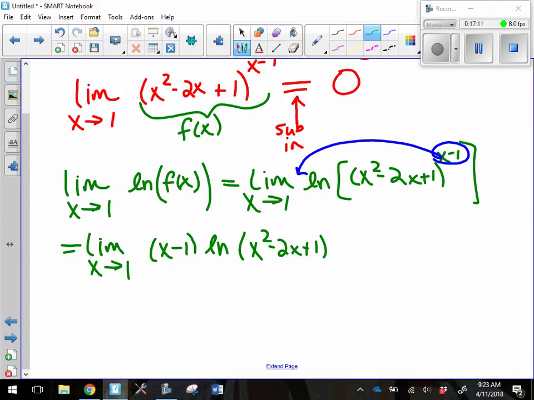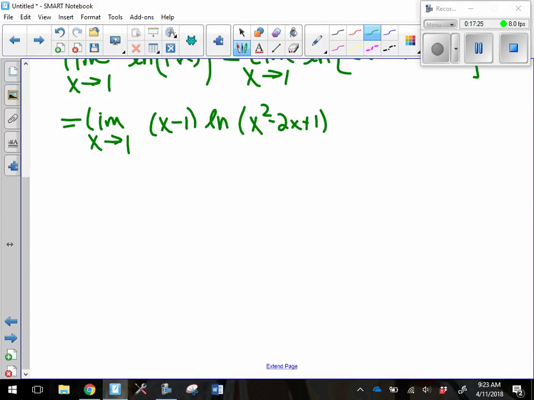Now, as Zoe was fretting about earlier, in order to apply L'Hopital's rule, I need a numerator and a denominator. What can I do to this to give me a numerator and a denominator? Zoe, what do you want to do?